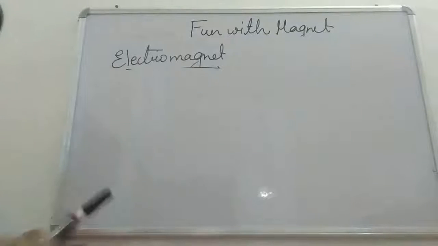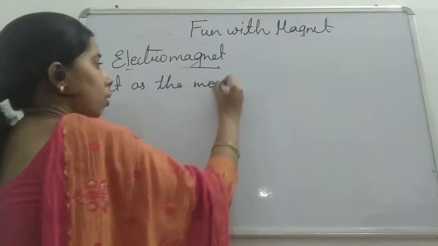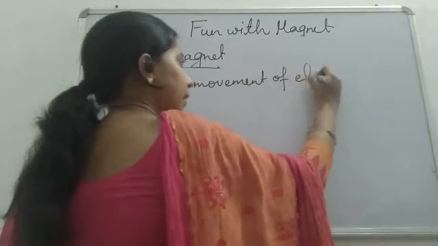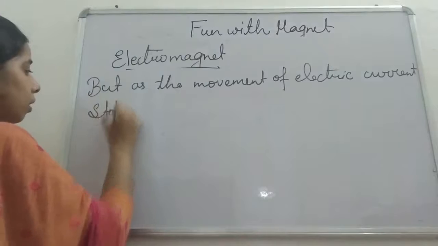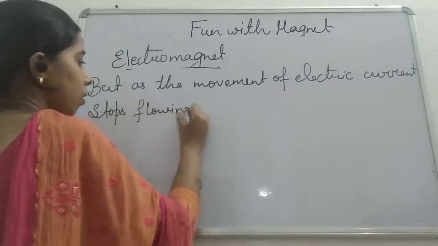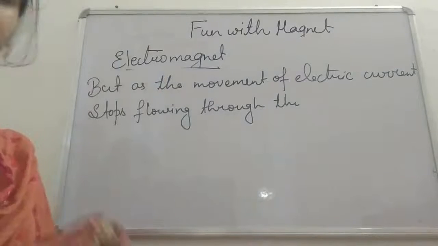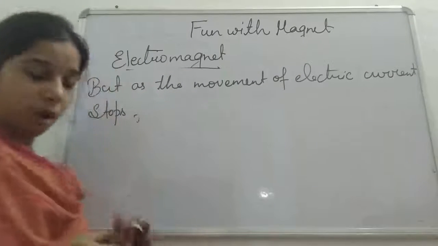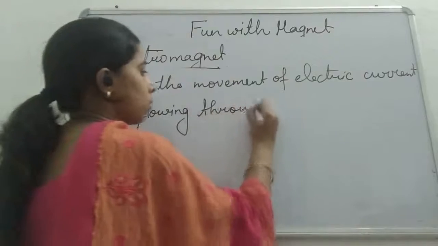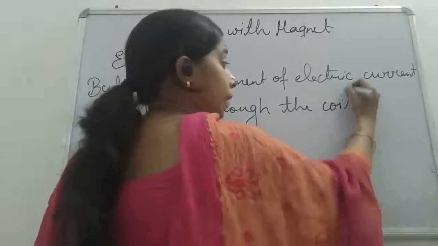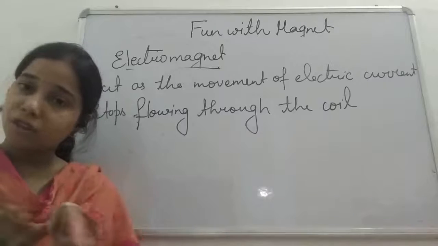But as the electric current stops flowing through the coil, now electricity is not going through the coil, student, so there will be no formation of the magnetism in it.